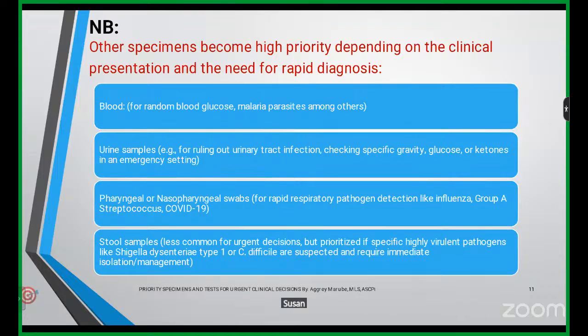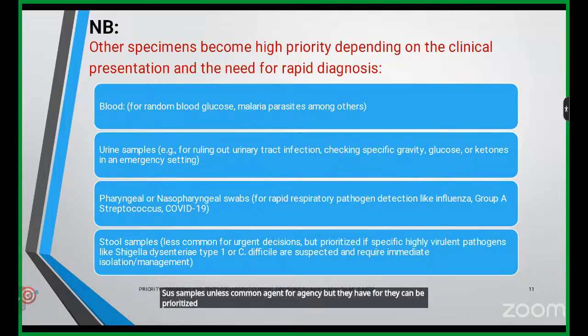Stool samples are less common for urgency, but they can be prioritized if specific highly virulent pathogens like Shigella dysenteriae type 1, or C. difficile, that's Clostridium difficile, are suspected and require immediate isolation and management.